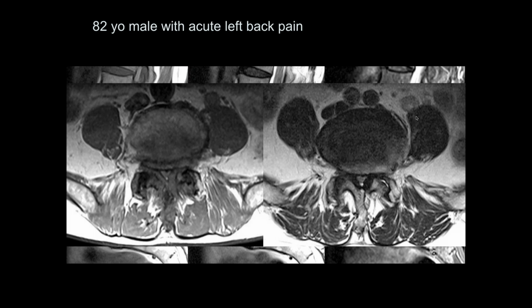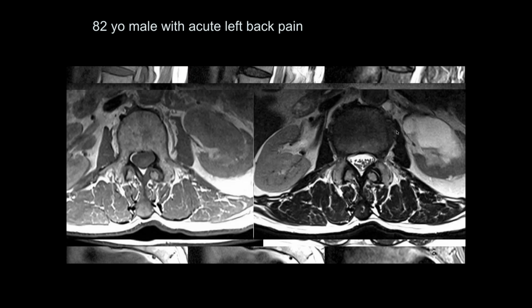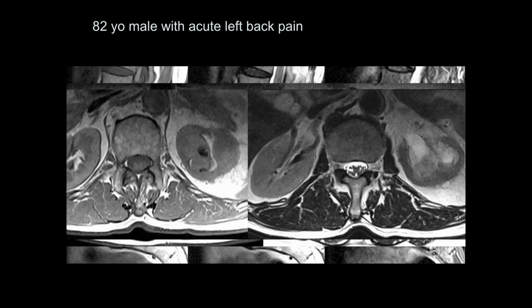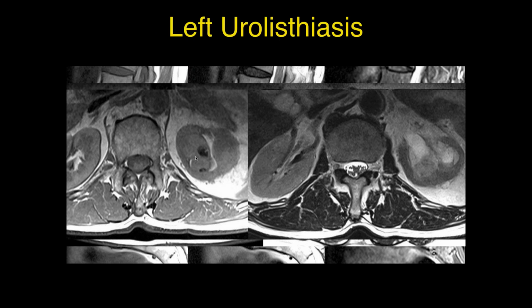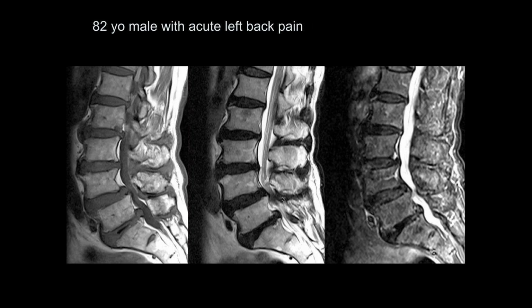And same patient, acute left back pain, okay. Some hydroureter, or yeah, proximal hydroureter, severe hydronephrosis. It looks to me like the ligamentum flavum is pressing quite a bit at that one level that you showed, John. Well, I agree. There's a lot of spine disease here.